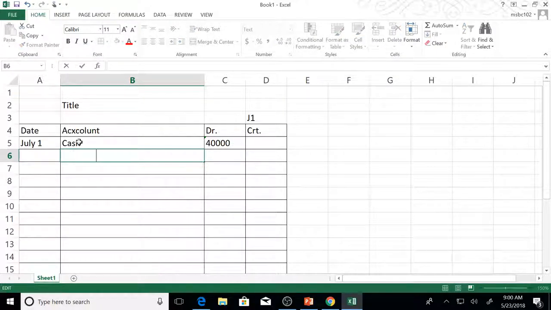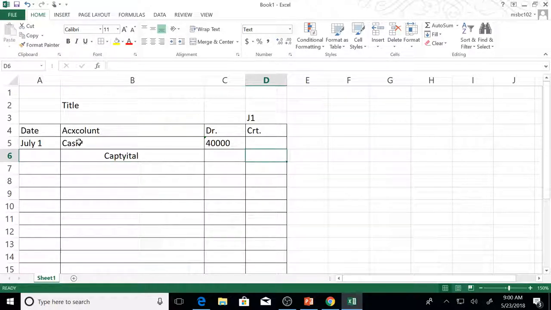See, the amount is going to go under credit, 40,000.